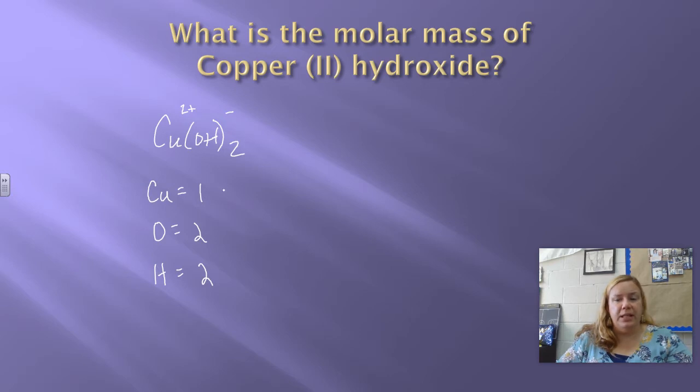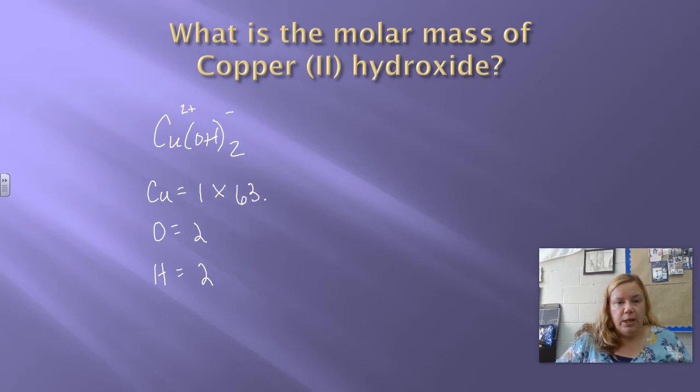So we need to go to our periodic table to find the actual molar mass of copper. The molar mass of copper is the average atomic mass on the periodic table. If I look at my periodic table and find copper, the molar mass for copper is 63.5.